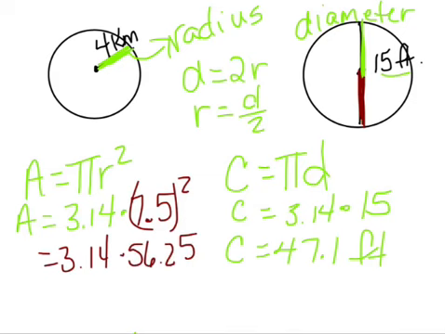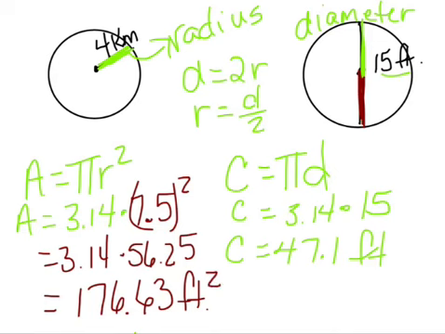And then I'm going to multiply that times 3.14. And if I round to the nearest hundredth, I get 176.63. Remember, it's going to be units to the second power because it's area. So it's 176.63 feet squared.